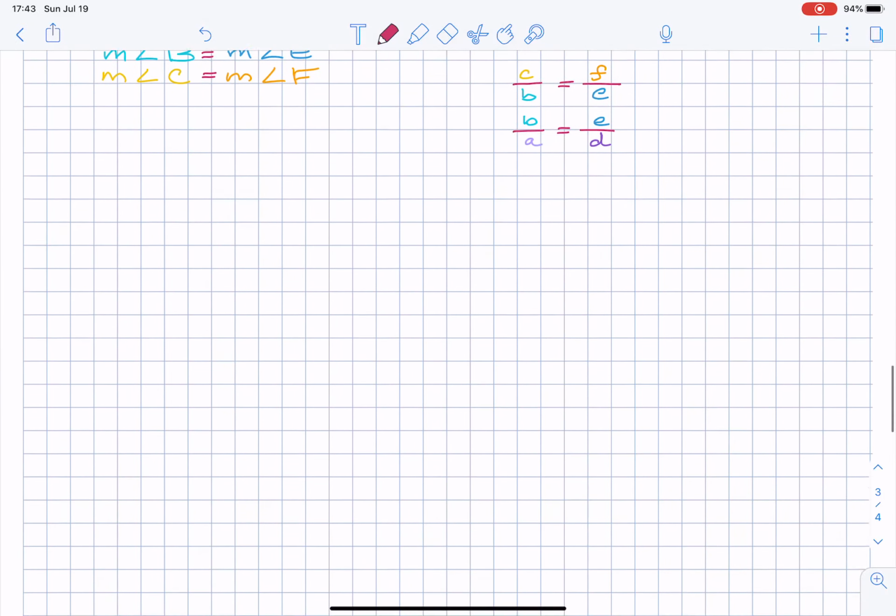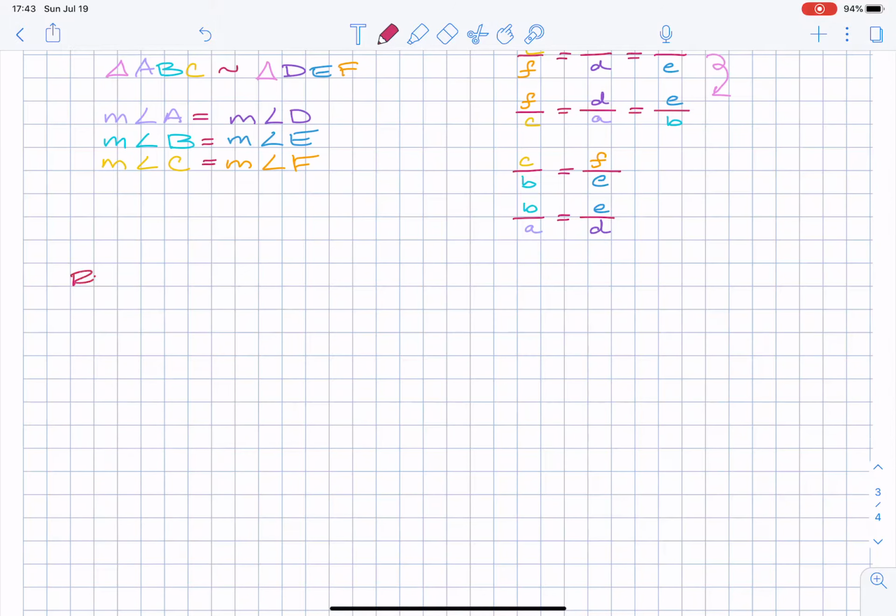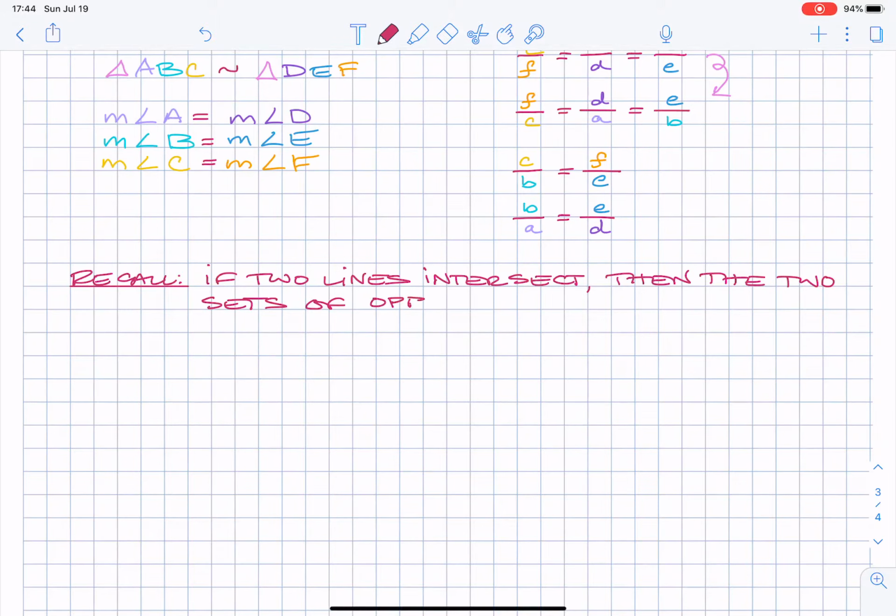Okay, so let's recall. If two lines intersect, and I'll draw a picture in a moment, then the two sets of opposite interior angles, i.e. vertical angles, are congruent.